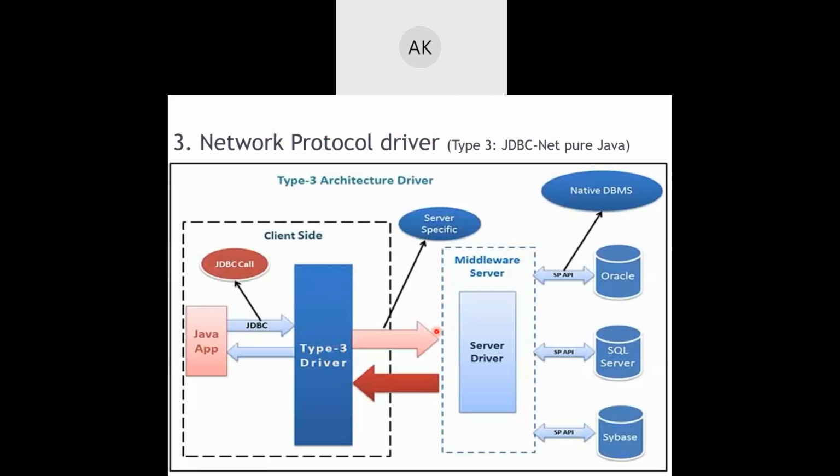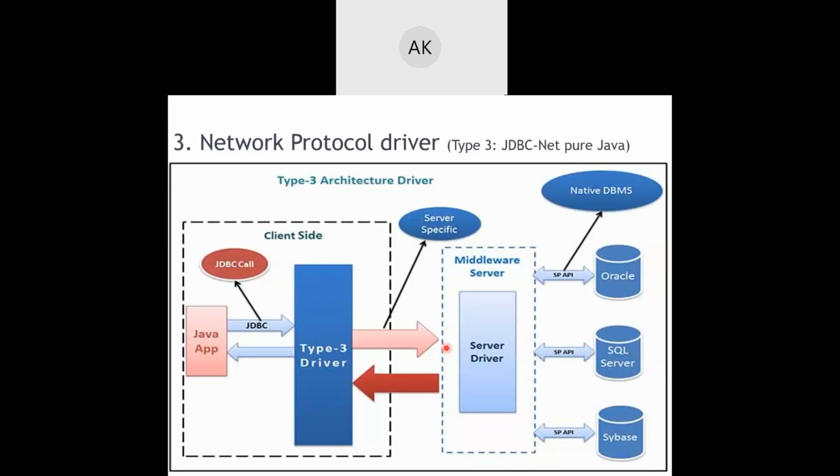This type 3 driver used to interact with the server, which was connected to the differently located database servers. This server was called the middleware server, and it used to have certain network protocols which these database drivers had to follow.